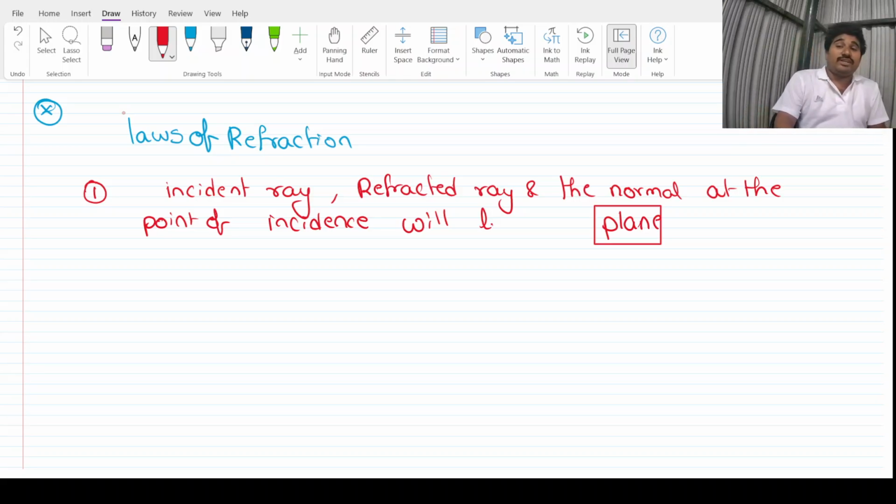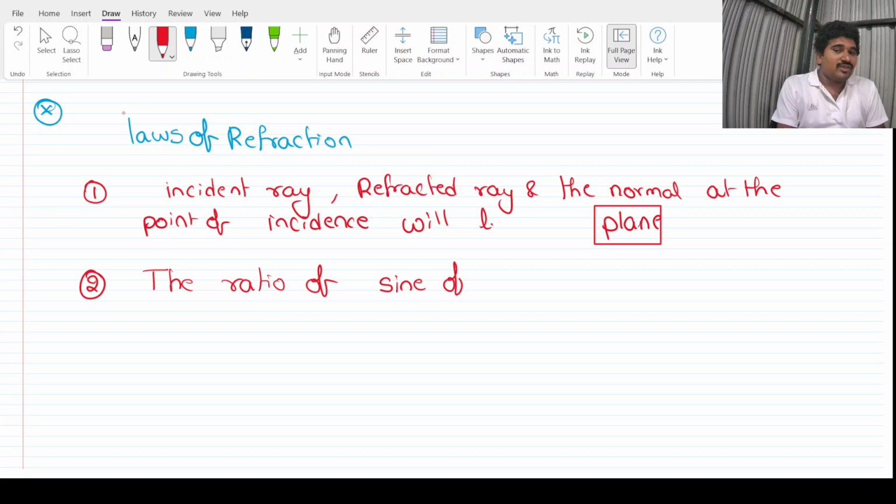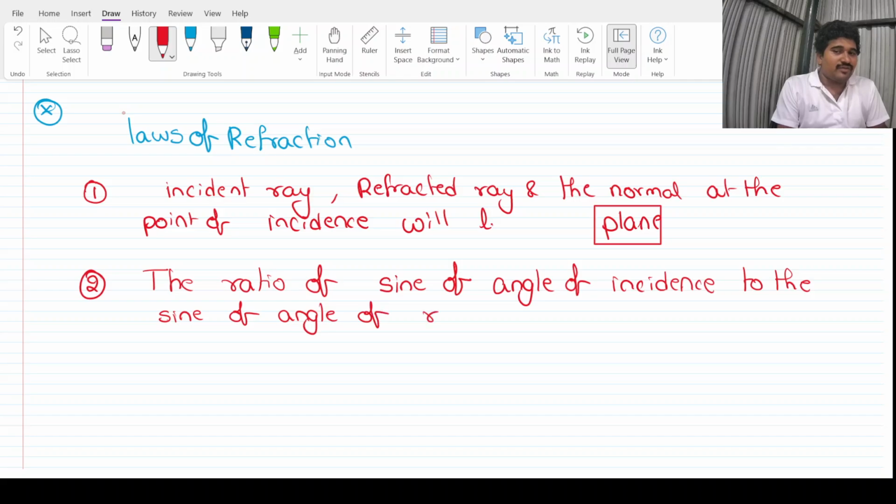Now, the second point is very important. The ratio of sine of angle of incidence to the sine of angle of refraction remains constant.